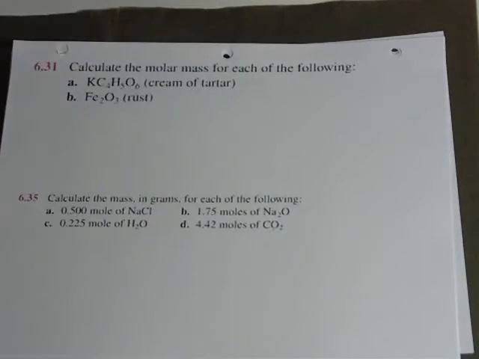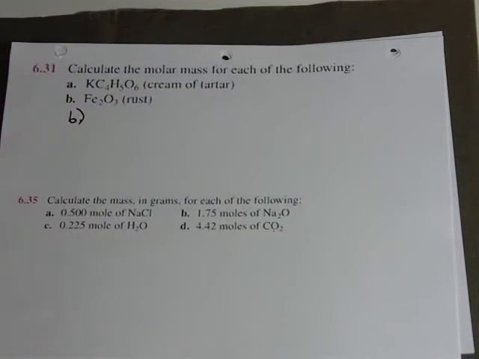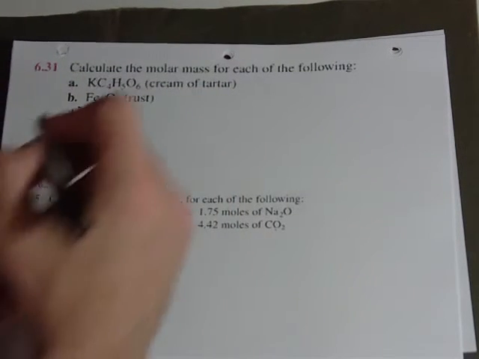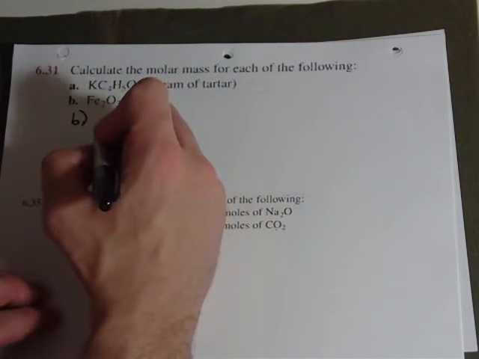Okay. Now we're getting into molar mass. So molar mass is by definition the mass of an element or compound with 1 mole. So 1 mole of this compound or element, and what is its mass? So we'll do B. So here it says that we have Fe2O3.